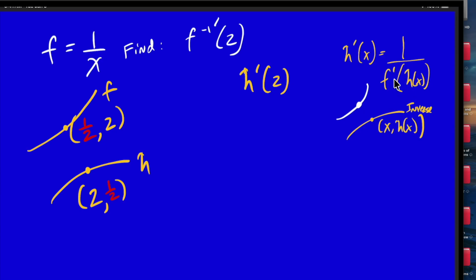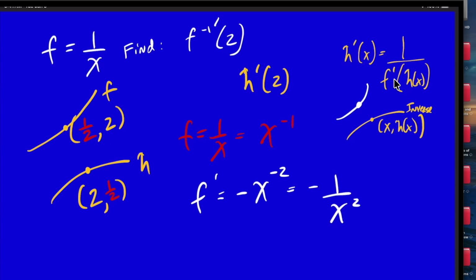Okay, so to do this, we need to find f prime. And if we take f equals 1 over x, and we change that to x to the negative first, then f prime is going to equal negative x to the negative 2, or negative 1 over x squared. So that's our f prime.